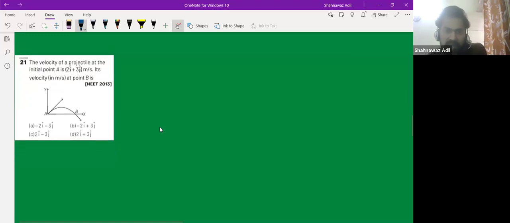So the velocity at the initial point, this is thrown with some angle, right? So this has two components. This initial velocity, this is u, which is given as 2i plus 3j.